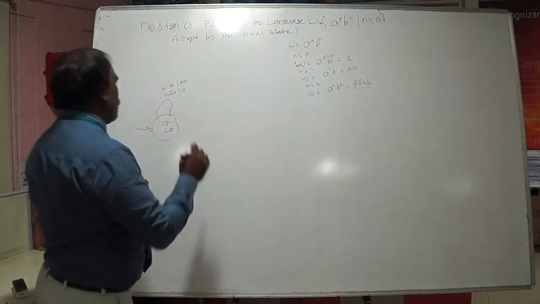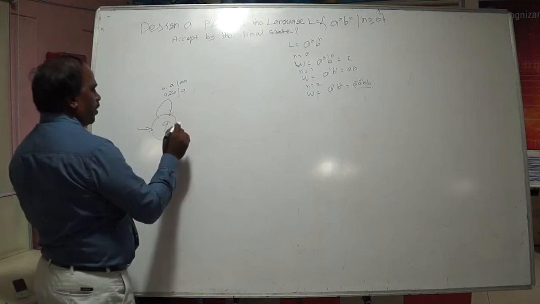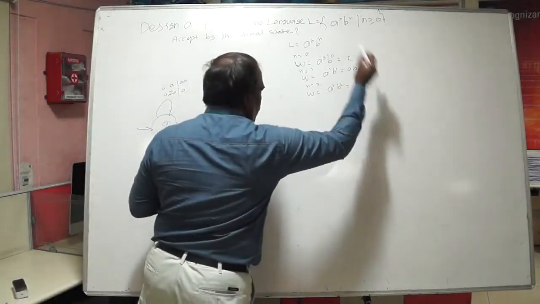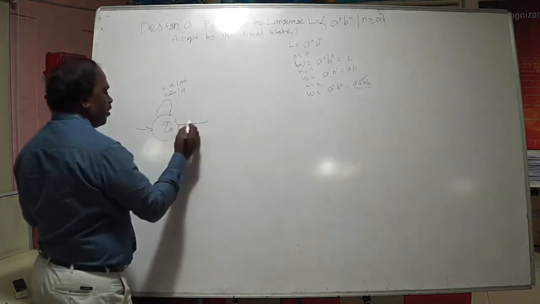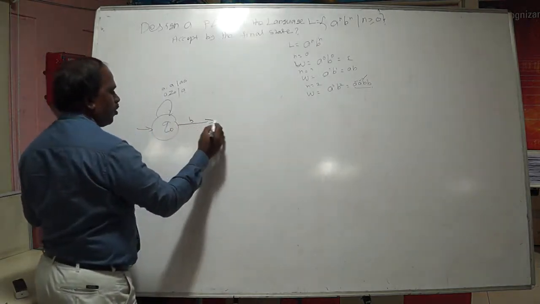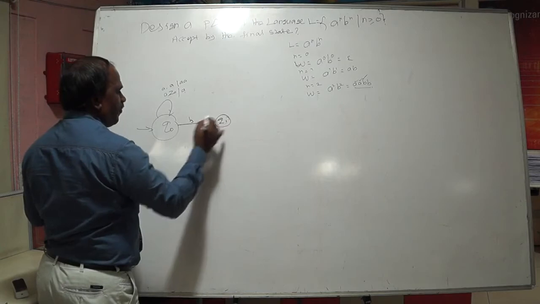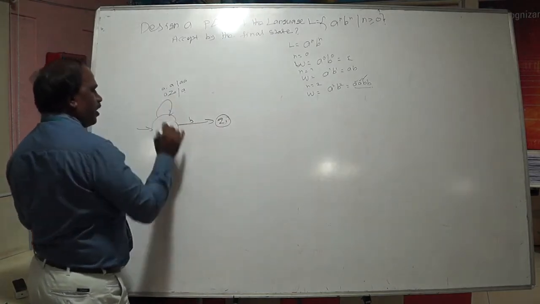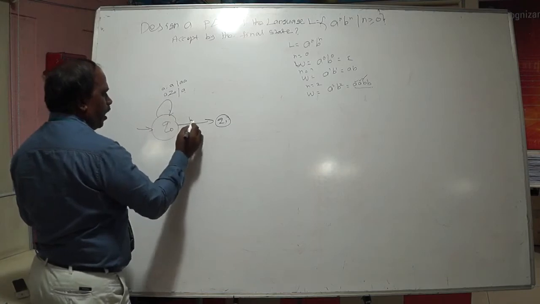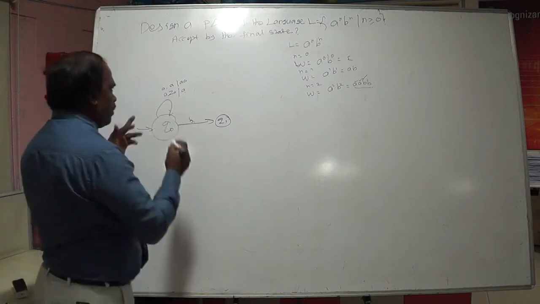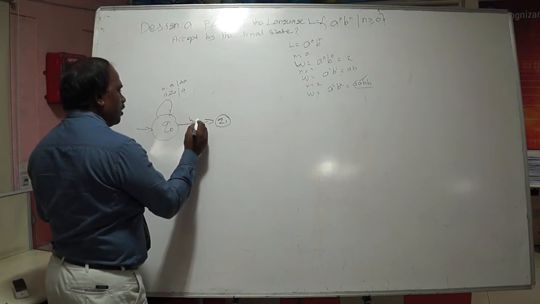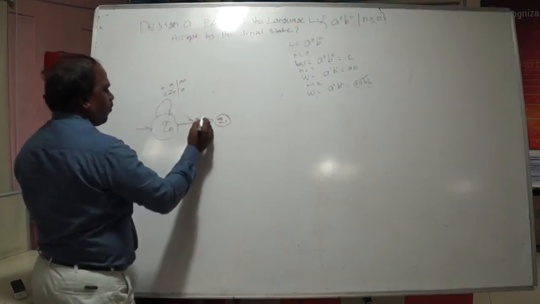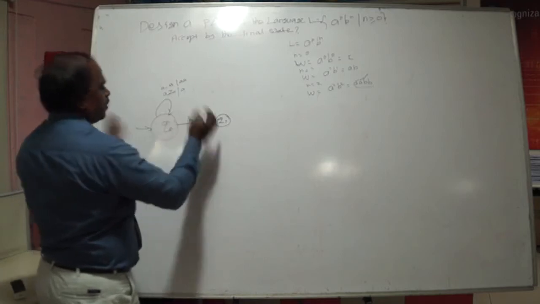Now suppose you are going for B. This is another input, B. If you give B in Q0, it goes to Q1. It is a different input compared to A. Q0 accepts symbol A. If you give input symbol B, and the stack content is already A, then you have to pop one stack content from the stack.